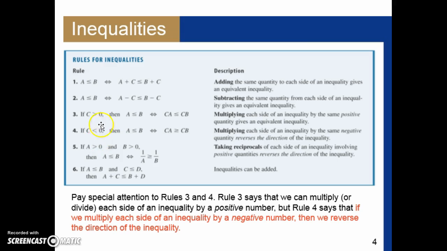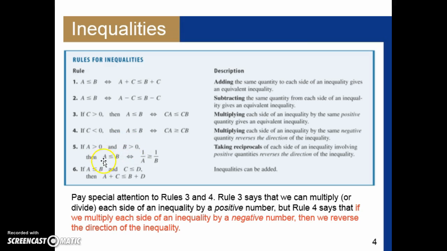However, Rule 4 says that when I multiply by a negative value, it flips that relationship. If A started out smaller than or equal to B and I multiply both sides by the same negative value, then that reverses the relationship in that inequality. That means, therefore, A will now be larger than or equal to B. If A is positive and B is positive, this says A is a positive value, A can't be negative, A can't be 0.